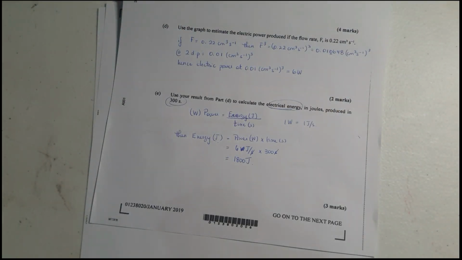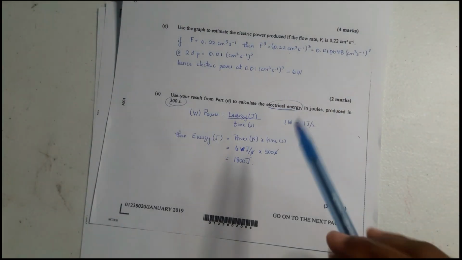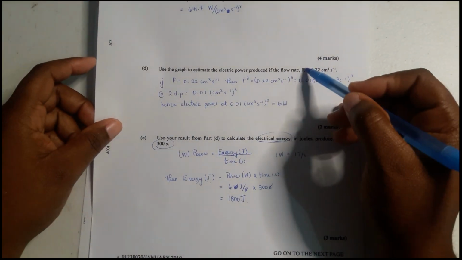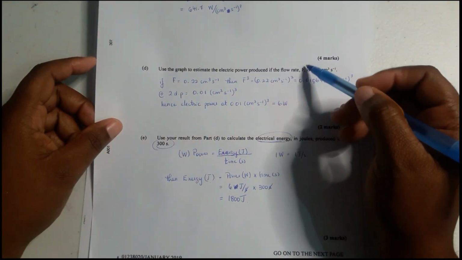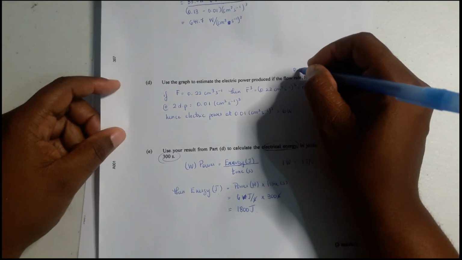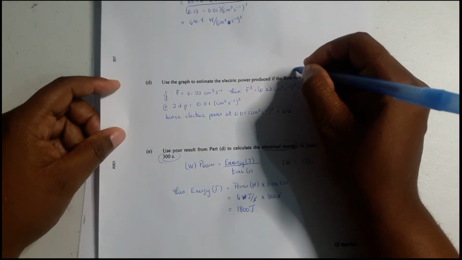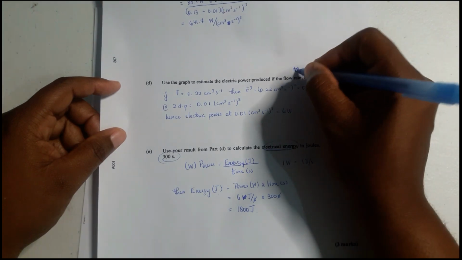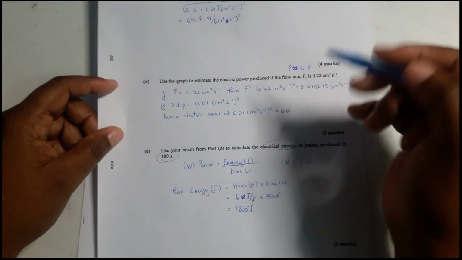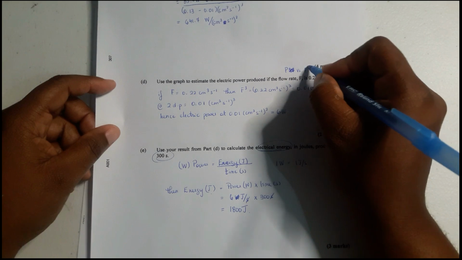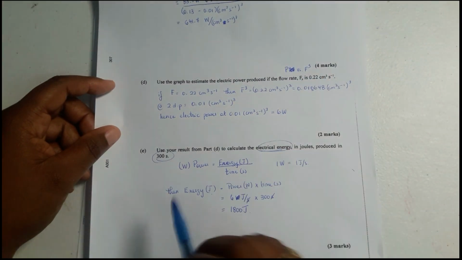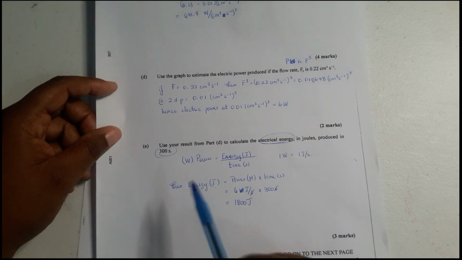Then the next question, you just follow the instructions because the instructions help you throughout, and you do what you need to do. And remember to read carefully. You plotted P versus F cubed. So you need to find out what F cubed would be, and then you look for it on the graph, okay?